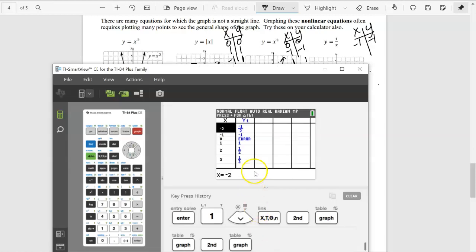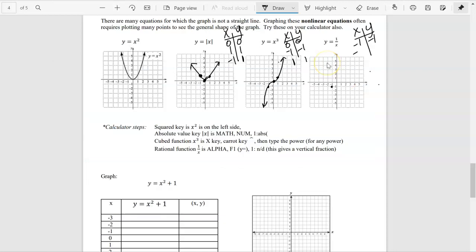Let's find something else that's negative that's going to be on there. It's just going to get smaller and smaller and smaller. So maybe we should just pick (-4, -1/4), which is going to be really close to 0. So remember, it kind of did something like this.